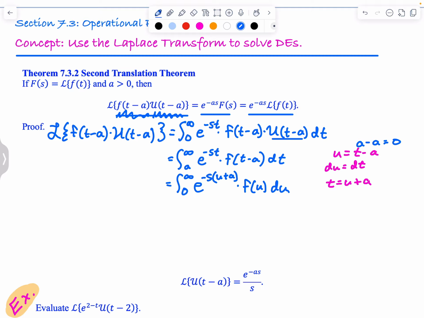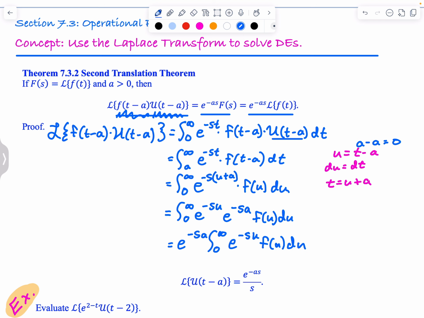Right, so using that u sub now, I can break it apart. 0 to infinity is e to the negative su, e to the negative sa, f of u du. It's all in terms of u, so I can pull out the e to the negative sa. 0, infinity, e to the negative su, f of u du.